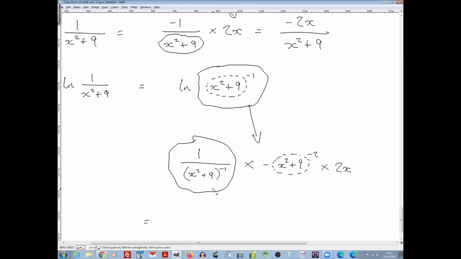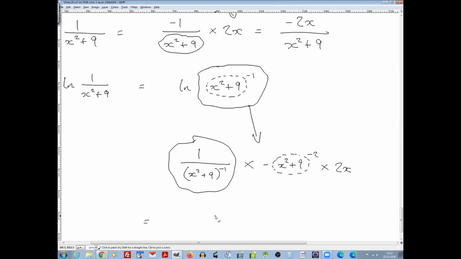And we agreed that 1 over 1 over just cancels, because they are what we call self-inverse. It's a function that is the inverse of itself, so it cancels out if you do it twice. 1 over 1 over is nothing at all. So really what we've got here is just x squared plus 9.